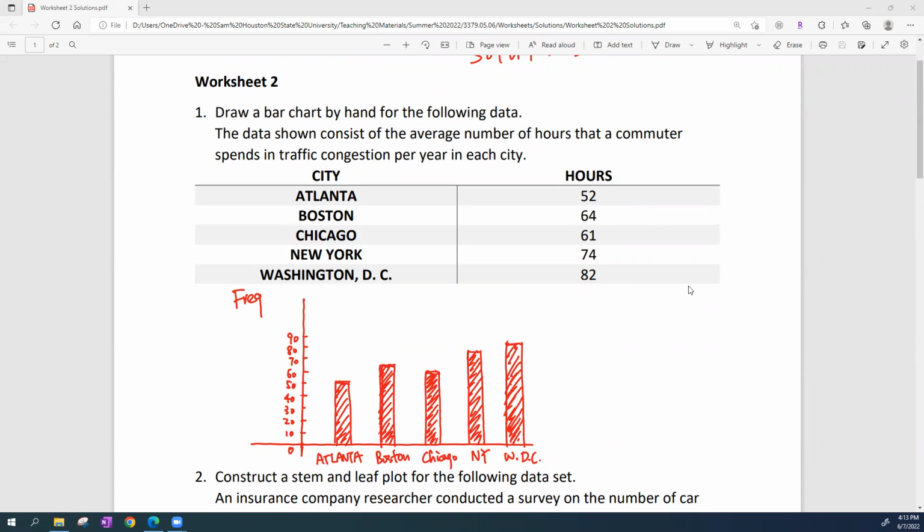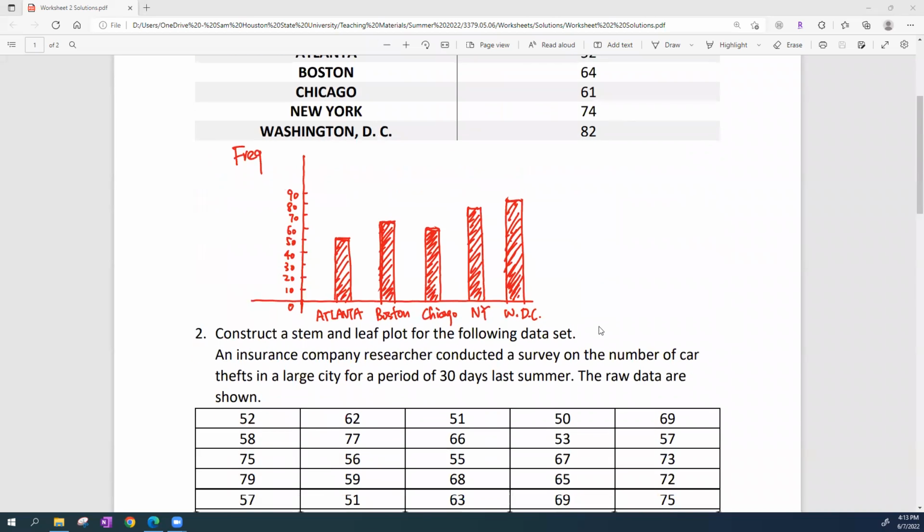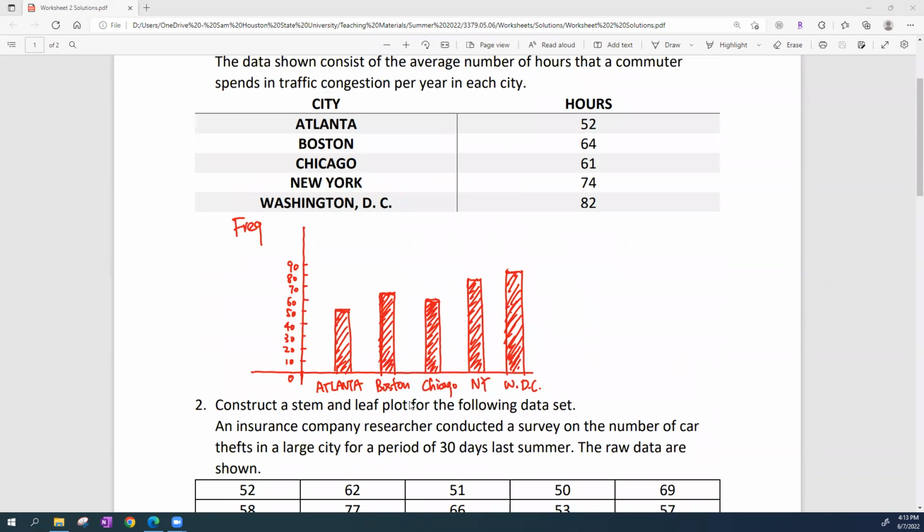A bar chart is for qualitative or categorical variables, right? So we can label all the different frequencies, and then write down the different bars. So just different categories, right?